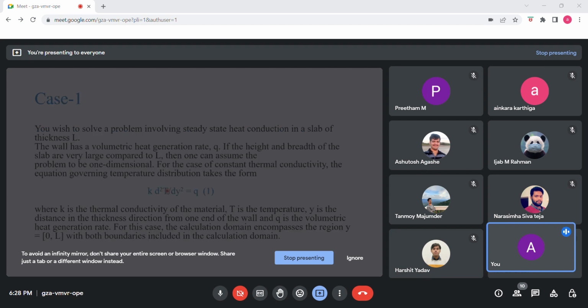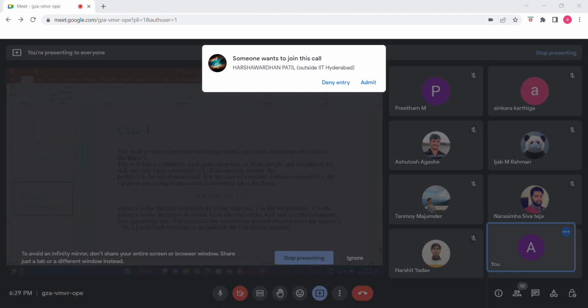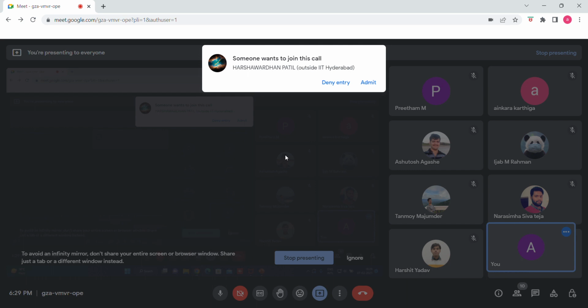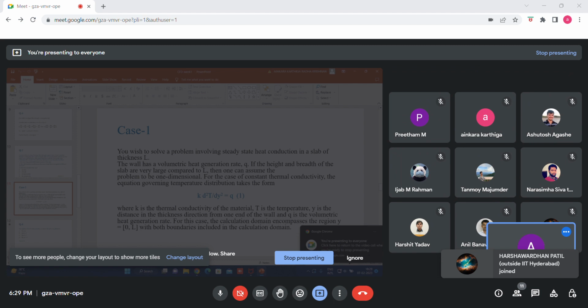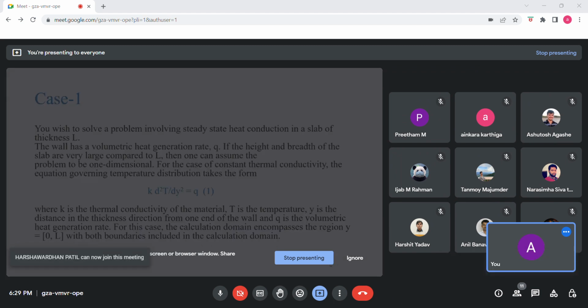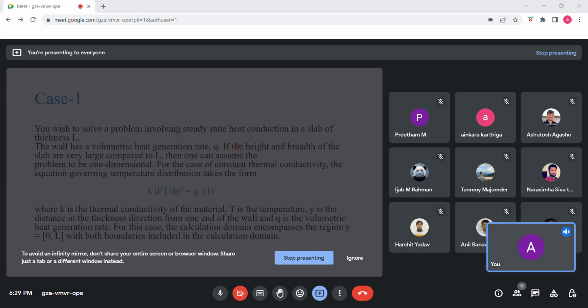Since we know that Q is equal to K d square T by dy square, for this equation to be dimensionally consistent, what should be the unit of Q? We'll solve this now.